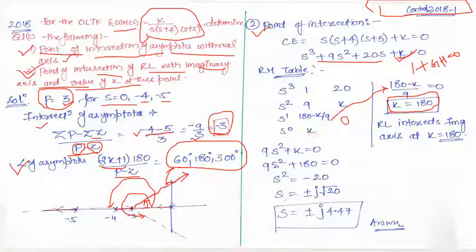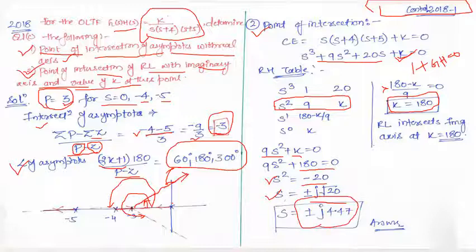So we need to form the auxiliary equation for this row, substituting the value of k as 180. So that's what I am forming here: 9s square plus k, where k is 180, equals 0. You will find s square equals minus 20, which is s equals plus minus j root 20, which comes out to be j 4.47, with plus minus sign obviously.